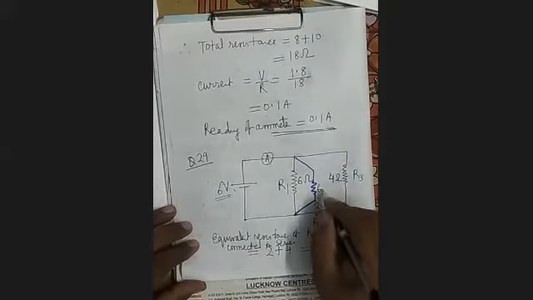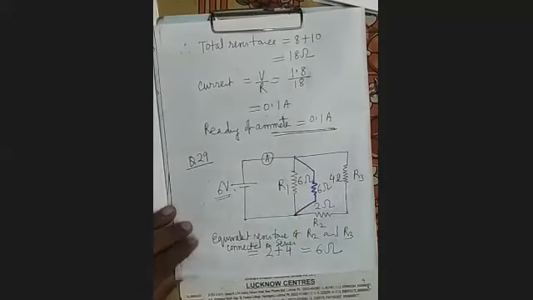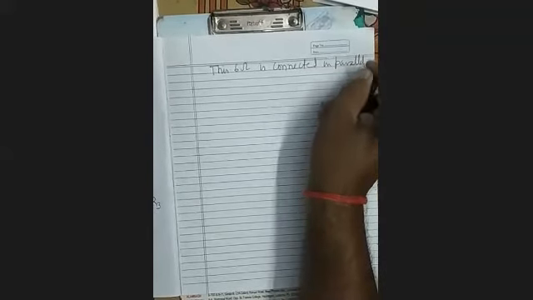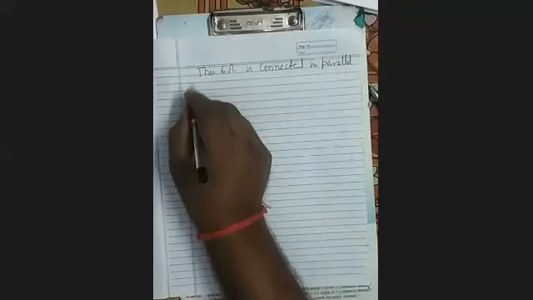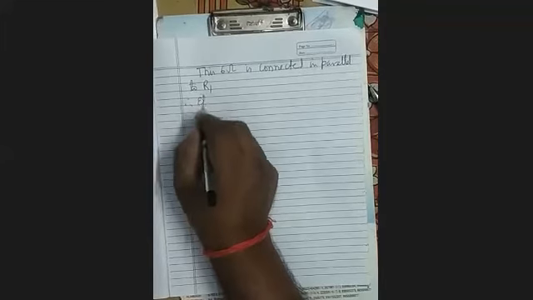Now this 6 ohm is connected to R1 in parallel. It's clear? So you write down this thing. This 6 ohm is connected in parallel to R1. Therefore, effective resistance.